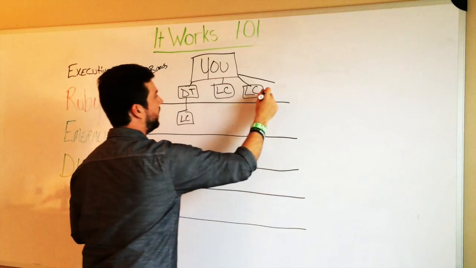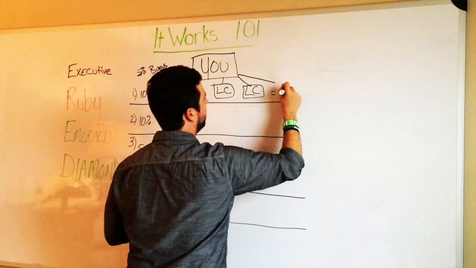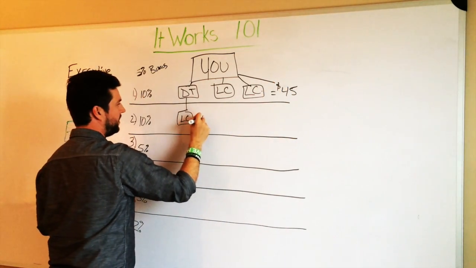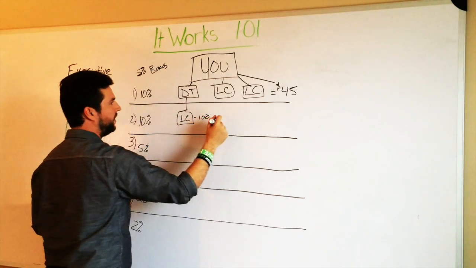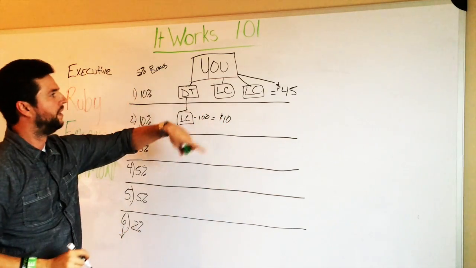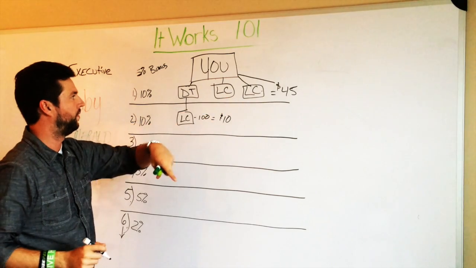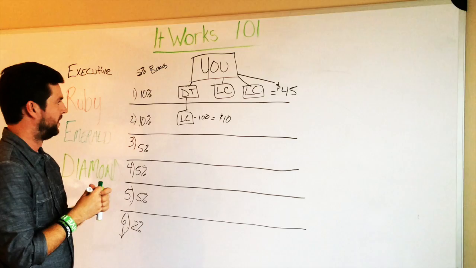So, if they all had 100, you'd be looking at what, $45. And let's just say this LC also has 100, but since they're on your second level, you get $10 there. So look how easy that is to make $55. Literally, 2 orders, 3 LCs, really easy.